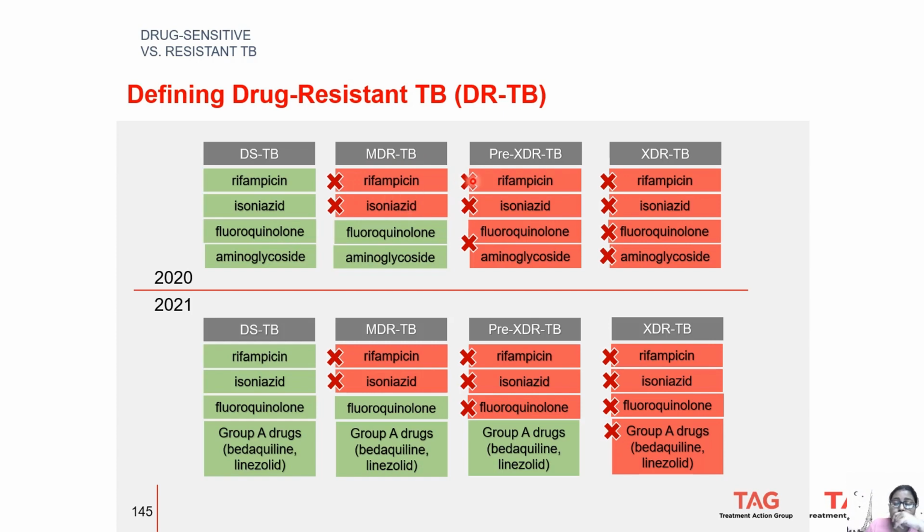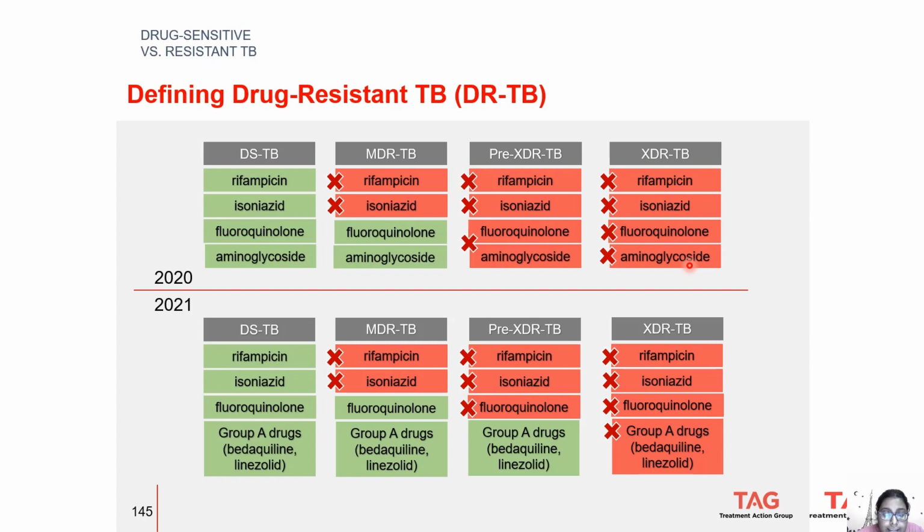XDR TB and pre-XDR TB are basically resistant to all of these. XDR is extensively drug resistant TB. It is a rare type of multi-drug resistant TB that is resistant to isoniazid, rifampicin, fluoroquinolone, all of these.